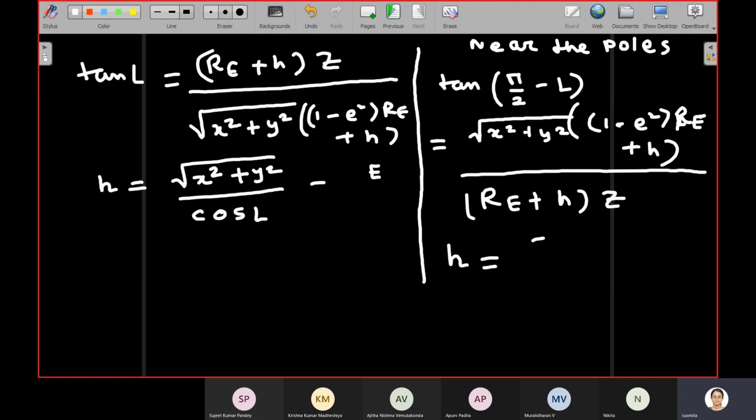And then for height, we can see that in the denominator we have cos L in the first representation. We want to avoid cos L near 90 degrees for obvious reasons.